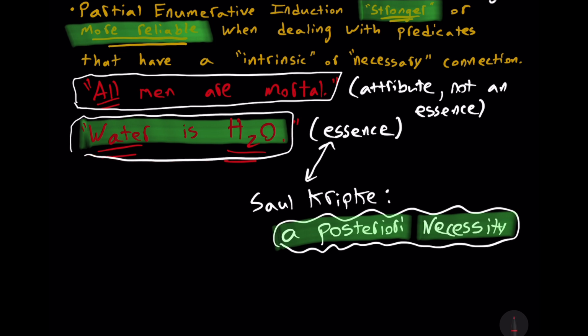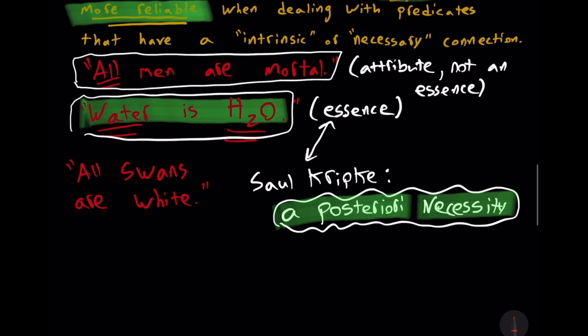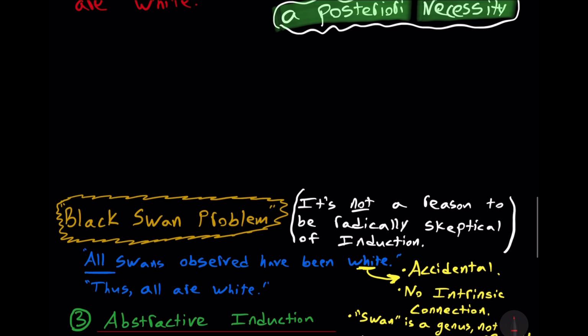For the next example, consider all swans are white. If every swan we have observed so far is white, it seems we can conclude that all swans are white. But here, we have a problem. Insofar as we observe a black swan, then it cannot be the case that all swans are white. But we raised a difficulty here.